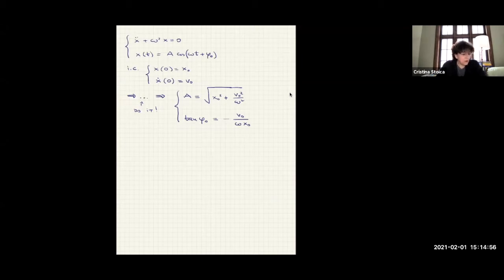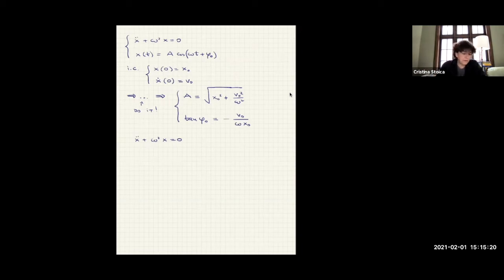All right, this being said, can we understand this oscillator in a different way, rather than just writing the solution and drawing a wave?